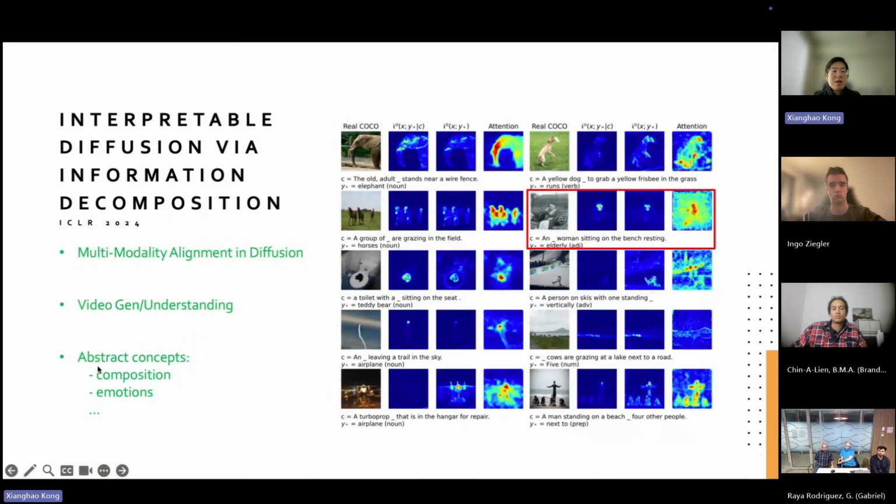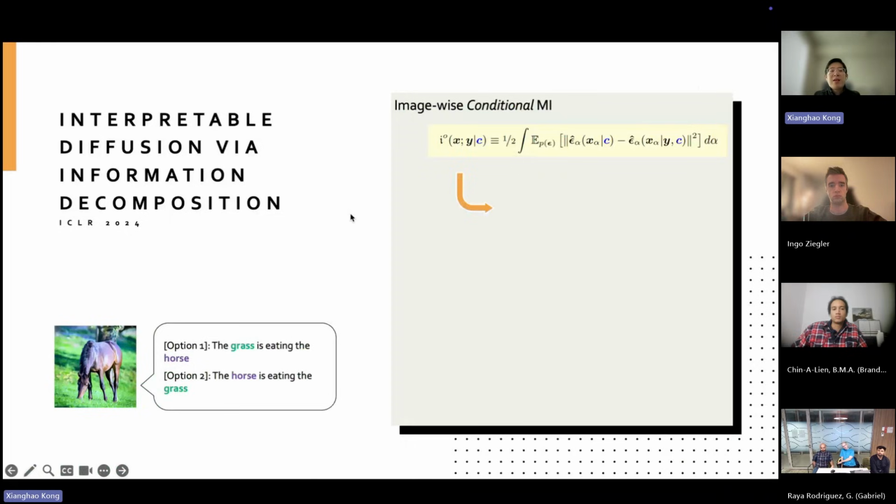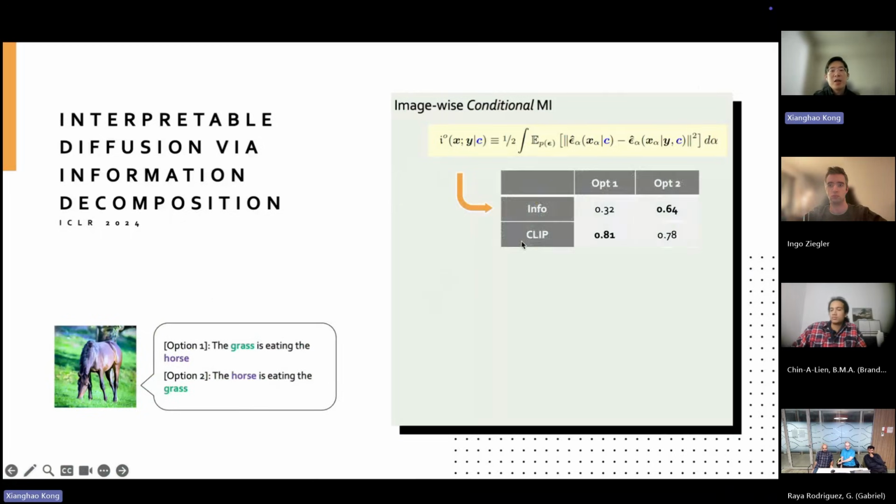Especially for those abstract concepts like composition, like emotions. To verify that, we ran another experiment. We give an image and two options, and use the diffusion model to score which option is better. Here we use this conditional information metric.